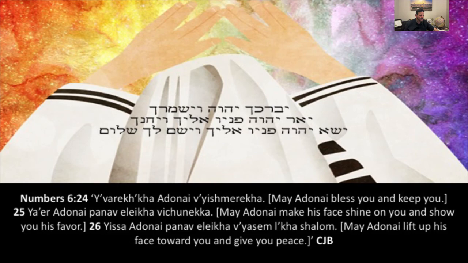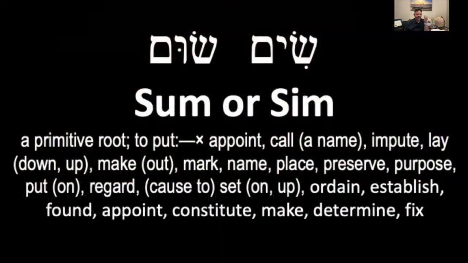That means the placement of, say for instance, someone's name, to name out, to place, to purpose, to mark out, to put, to ordain, to establish. So he will place peace on you, or he will pronounce peace on you, or he will regard peace over you, or he will establish peace for you. He will appoint peace for you. That's what the blessing is saying.